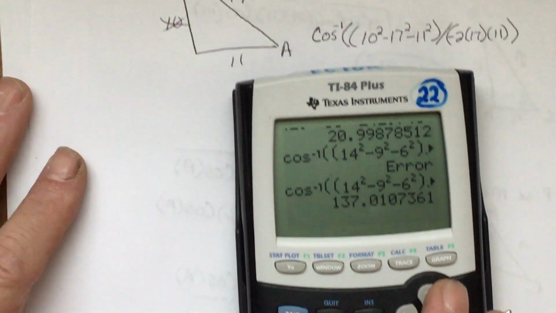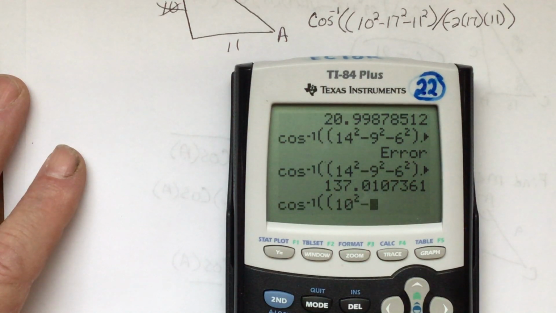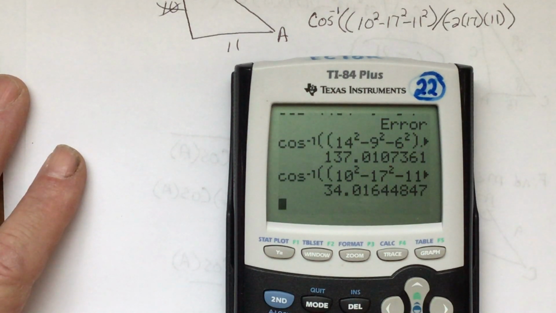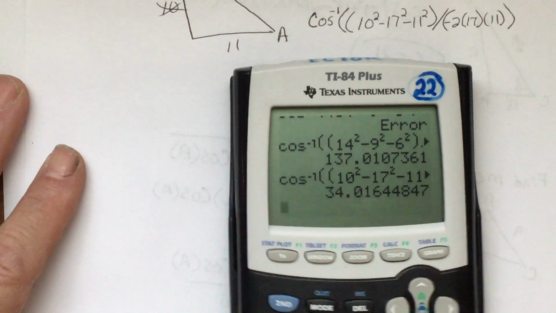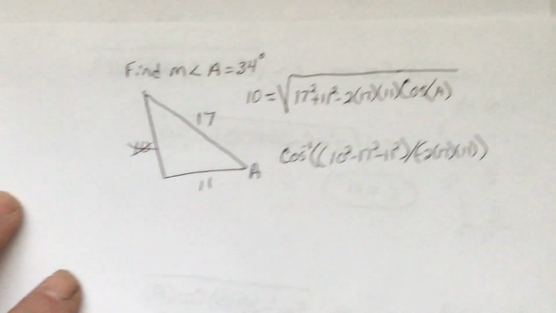You type it in your calculator. Make sure I hit negative 2 this time instead of 0.2. 34 degrees equals 34 degrees.